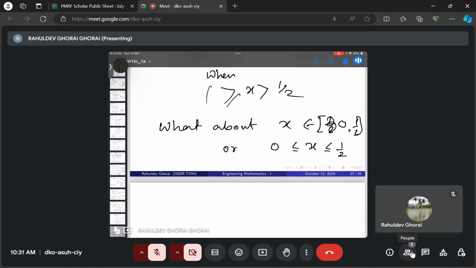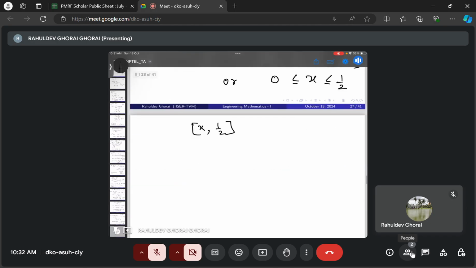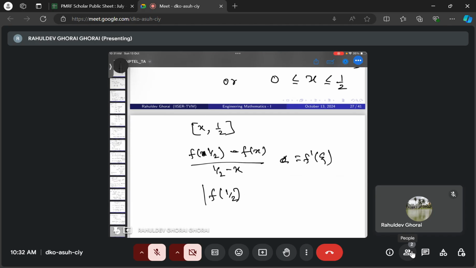So then we take the interval as x and half, and we do again the same thing. So (f(half) minus f(x)) over (half minus x) will be equal to f prime of xi, where xi belongs to x to half. But whatever that is, if you take the modulus of f(half) minus f(x), that will be less than 1 times half minus x, because half is bigger than x now here.